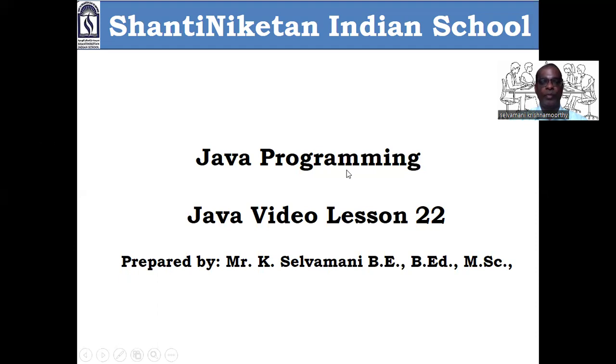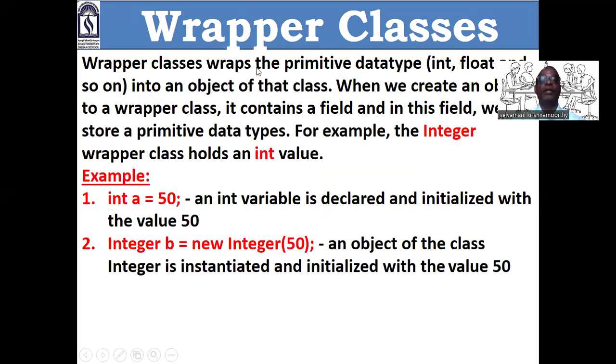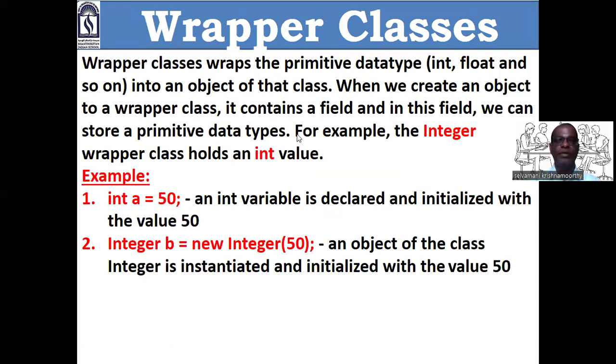See, Java programming, Java video lesson number 22. Fine. Wrapper classes. Wrapper classes wrap the primitive data types. What are the primitive data types? At the very beginning we studied that Java supports 8 primitive data types. What are they? Byte, short, int, long, float, double, char, and at last boolean.